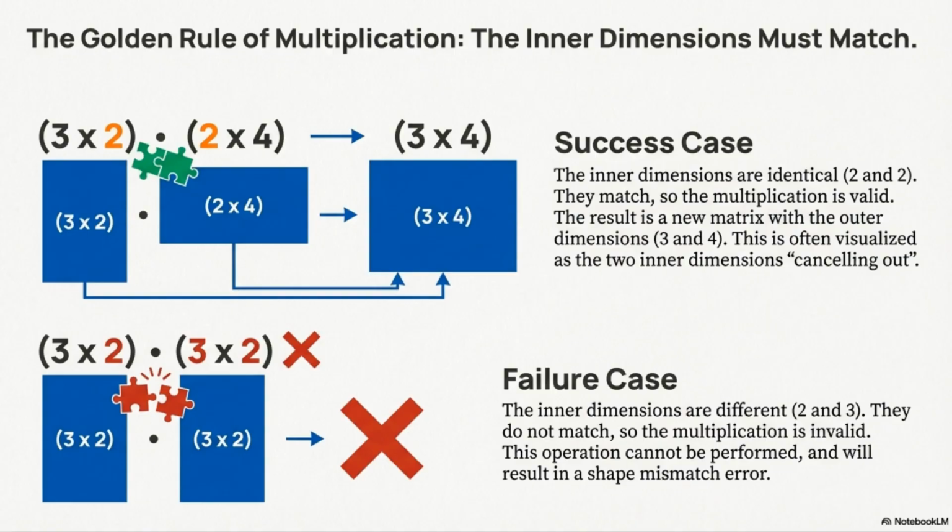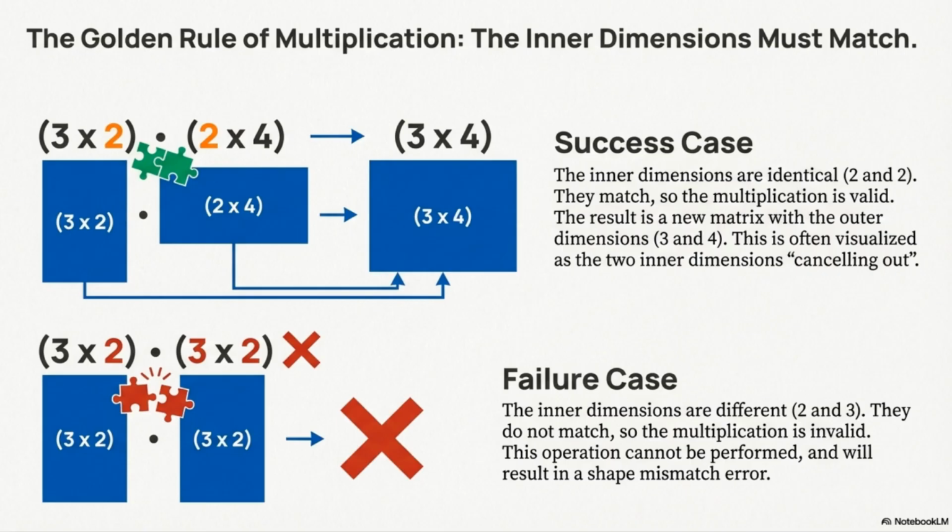When we multiply two matrices, not every pair is allowed. There is a golden rule: the inner dimensions must match. Suppose we have a matrix of shape 3 by 2, and we want to multiply it by another matrix. The second matrix must have 2 rows for the multiplication to be valid. Maybe it has shape 2 by 4. The inner numbers, the 2 and the 2, match, so we are good.